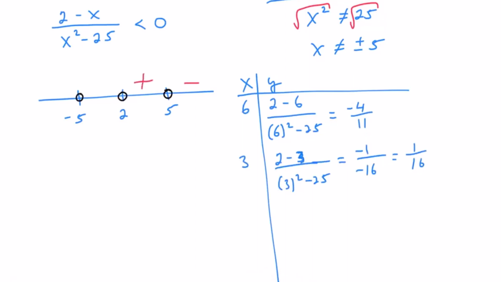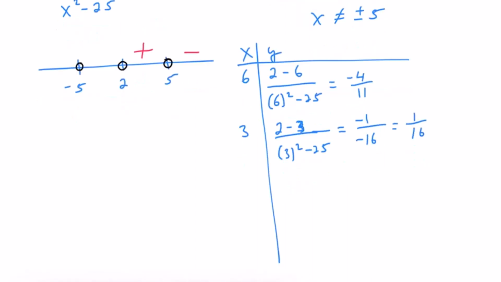So this is a positive interval. We need a number that is between negative 5 and 2. So let's pick 0. So we have 2 minus 0 over 0 squared minus 25. So this is negative 2 over 25. So this is a negative interval.